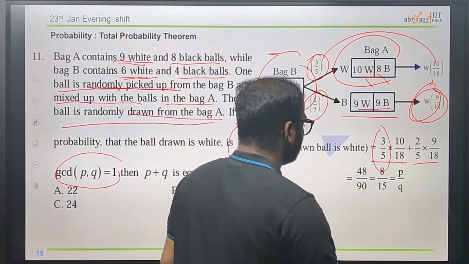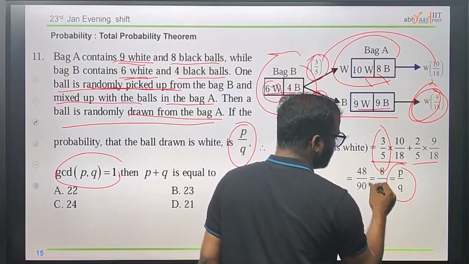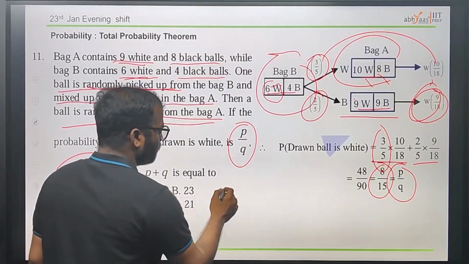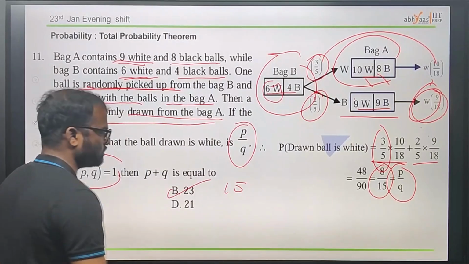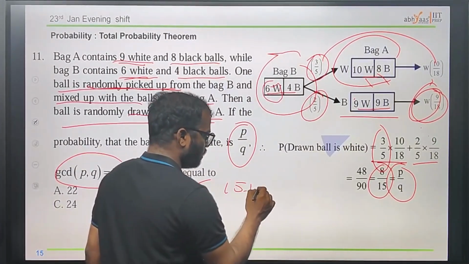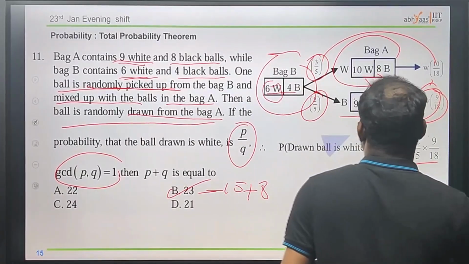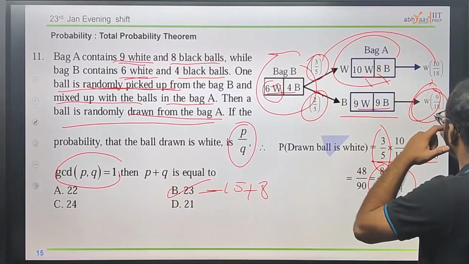I hope you understood. That's how we got p by q as 8 by 15, and since the GCD is 1, 15 plus 8 is 23, which is our answer. Just you need to understand what is happening here.